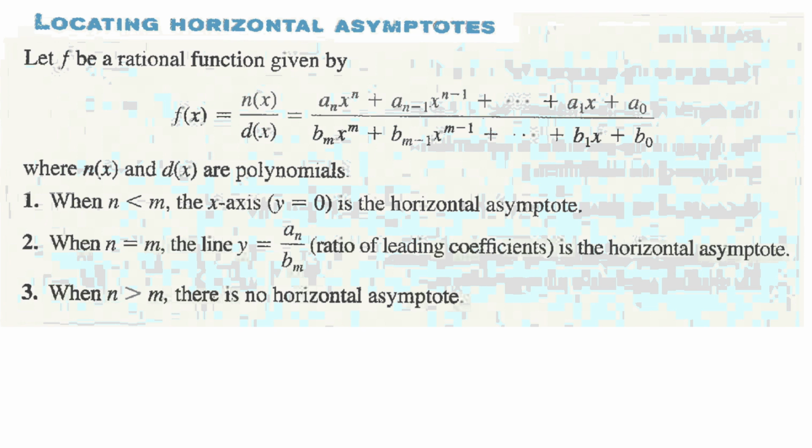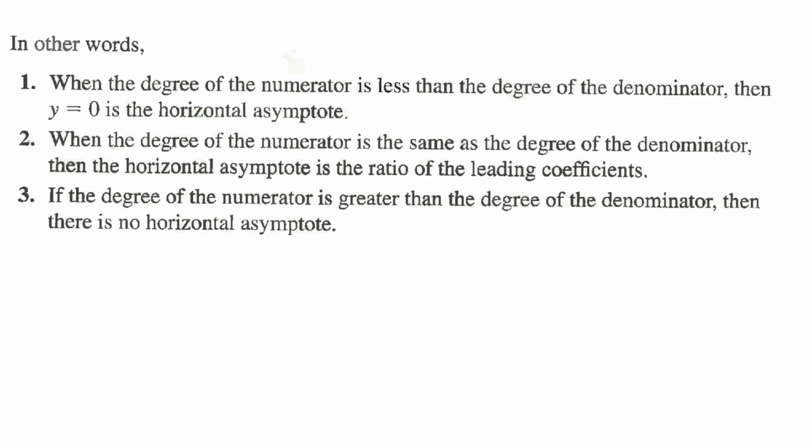All right, horizontal asymptotes, fairly straightforward. You just got to follow the rules. So here's the big rule. When the degree of the numerator is less than the degree of the denominator, so if you had an x squared on top over x to the 4th, then y equals 0 is your horizontal asymptote.